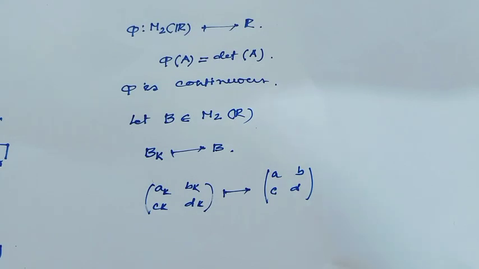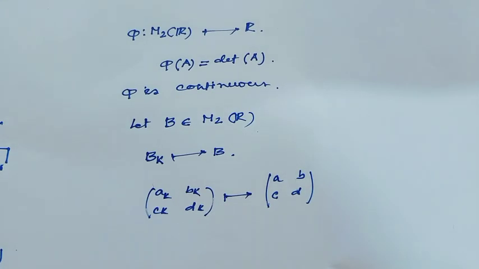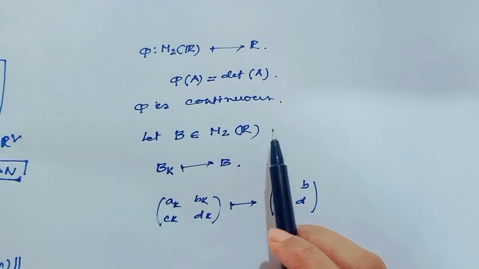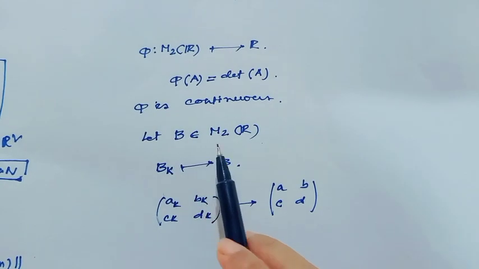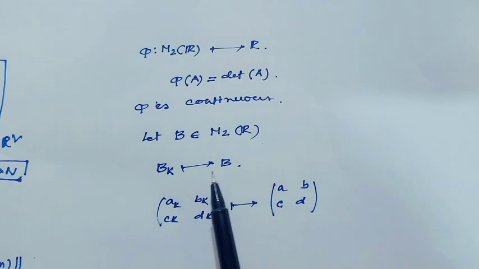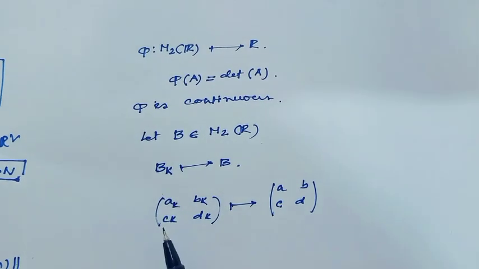Now I will see some examples of continuous functions. These examples are very important but very conceptual. At first I will consider one mapping phi from M₂(R) to R such that phi of A equals determinant of A. I will say this function phi is a continuous function. For continuity, consider one B belonging to M₂(R) and one sequence Bk which converges to B. Then Bk would be of this type: (ak, bk; ck, dk).